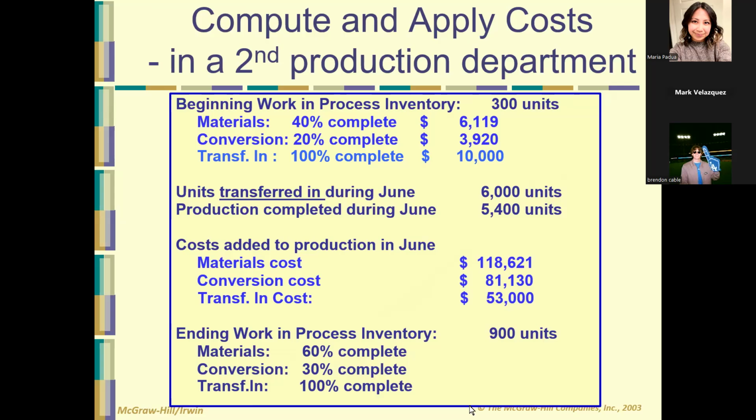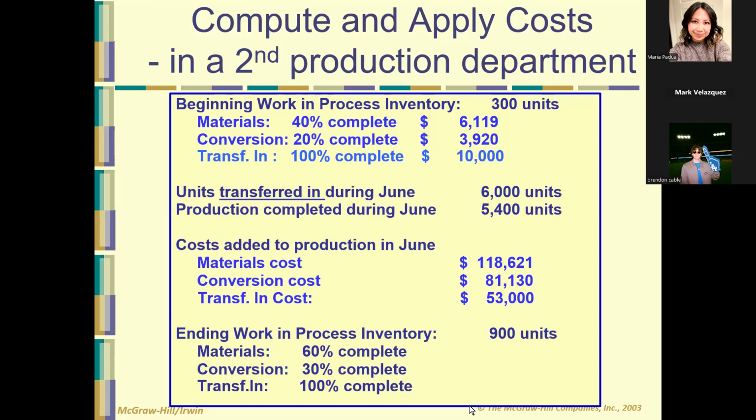Okay. Second production department. Beginning WIP inventory, 300 units, 40% complete, 20% complete for material and conversion. Transfer in 100%. So they're giving you these dollars. Your beginning was 6,000 plus the 3,920 plus the 10.